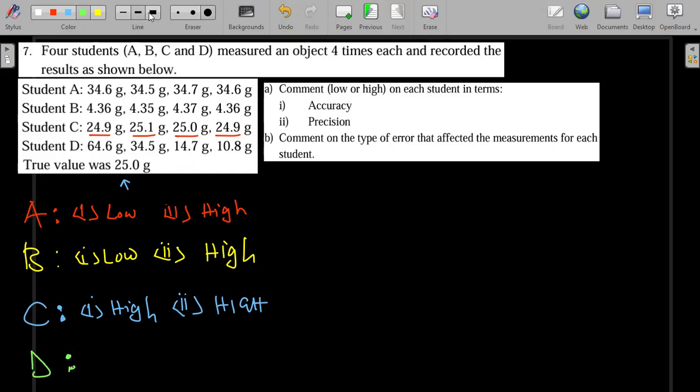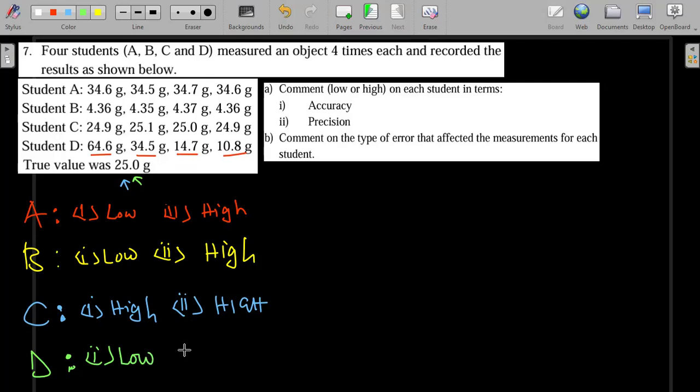Okay, so now we are just remaining with student D. Let's check what we have on student D. We have 64.6, 34.5, 14.7, and then 10.8. Are these measurements accurate? No, they are not close to the true value. So the accuracy there for student D is actually low.